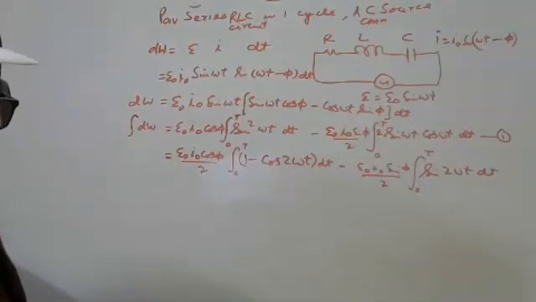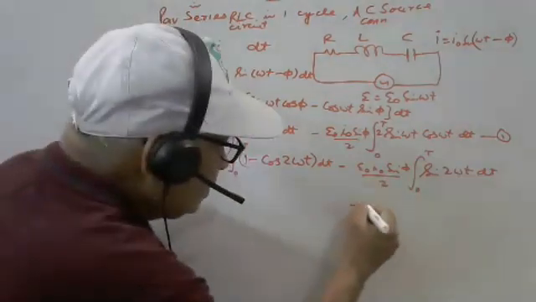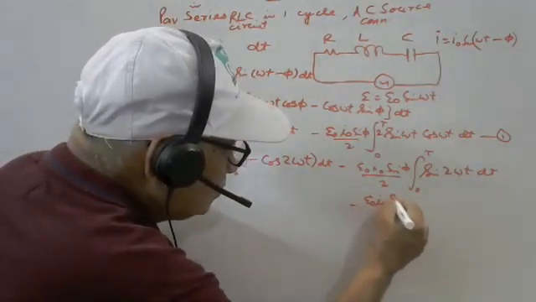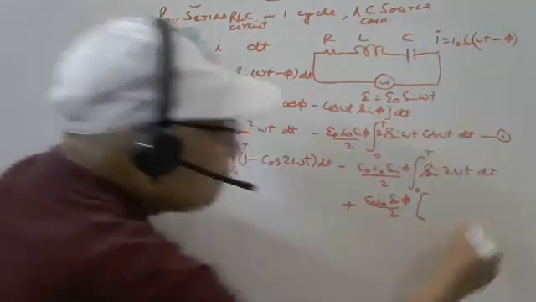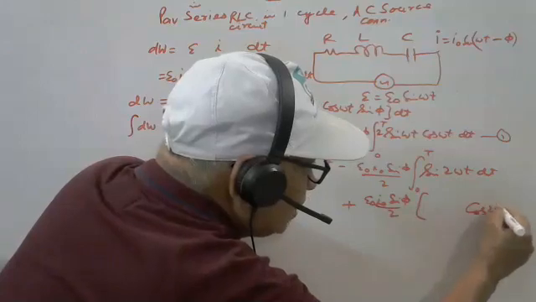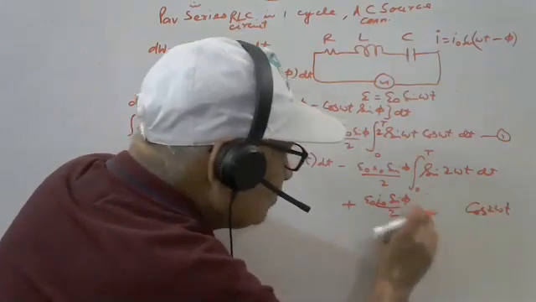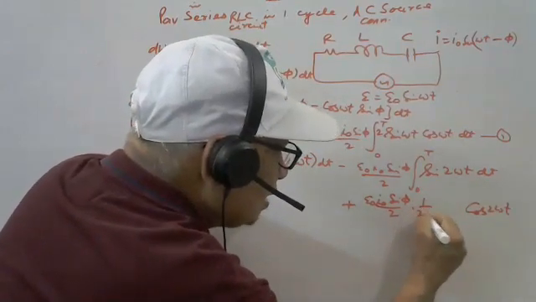Integration, not the differentiation. It is E naught I naught sine phi upon 2, and integration of sine means cos, so minus means what? Plus here cos 2 omega t upon 2 omega.